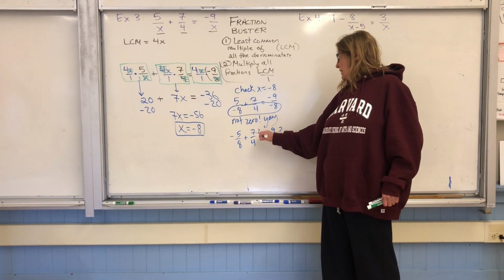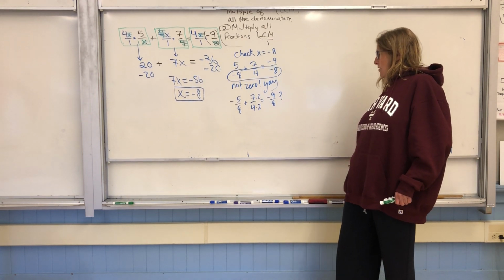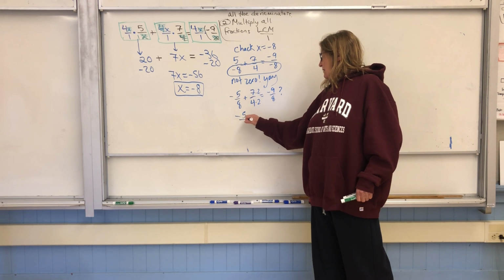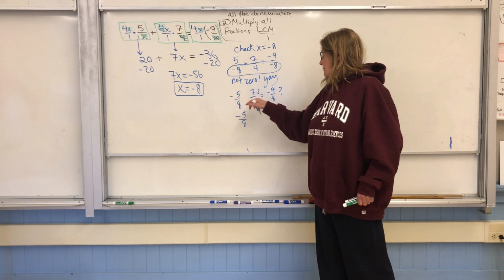Well, if I multiply this by 2 and get a common denominator, I'll have negative 5 over 8. Oh wait, oops. This is negative 8.